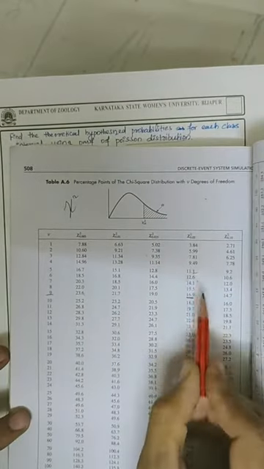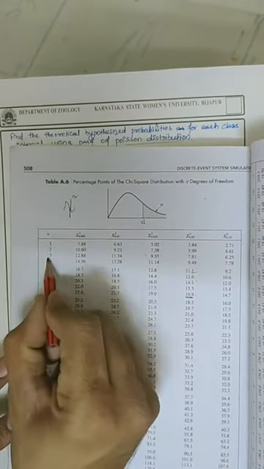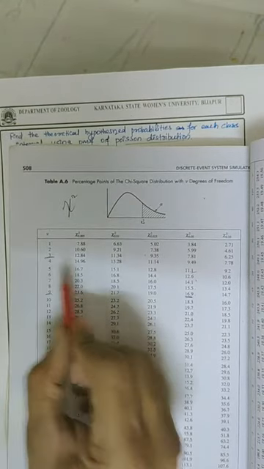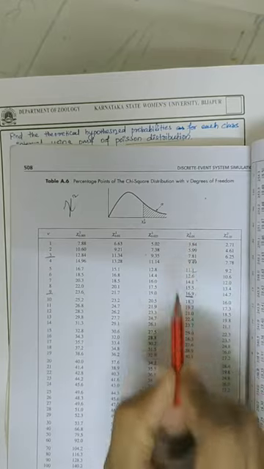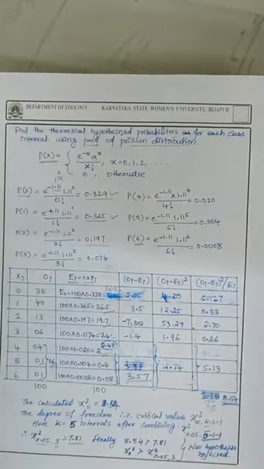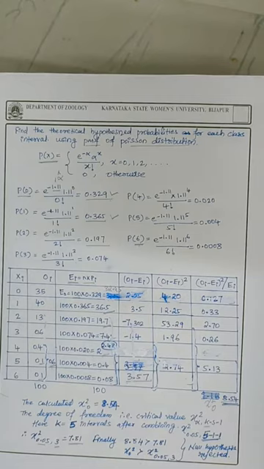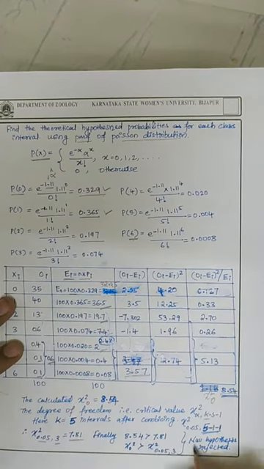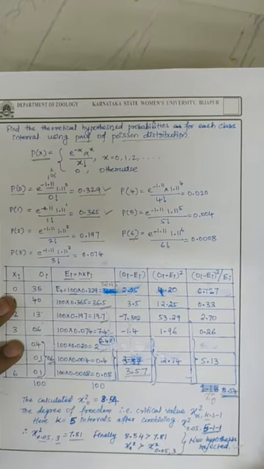When the degrees of freedom is 3 and alpha is 0.05, the value is 7.81. This value from the table is compared with the computed value. The computed value, 8.54, is greater than 7.81. Therefore the null hypothesis is rejected. Thank you.